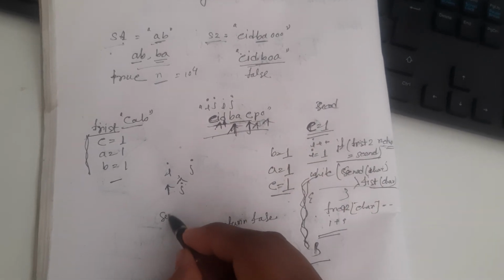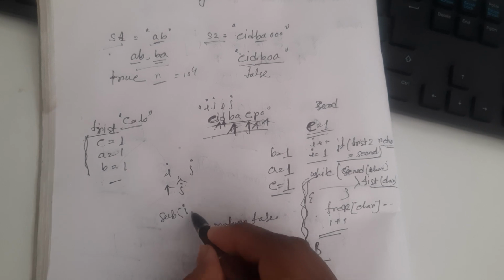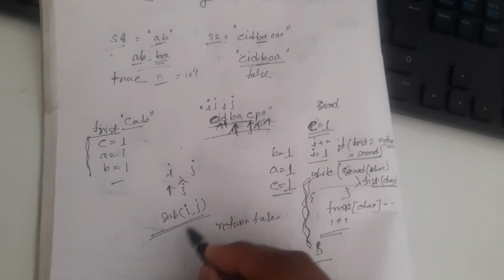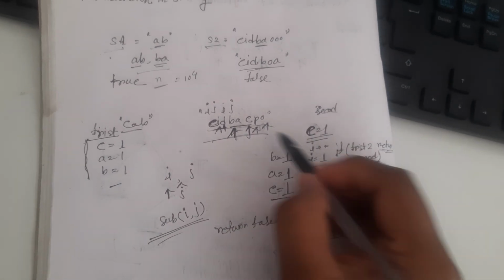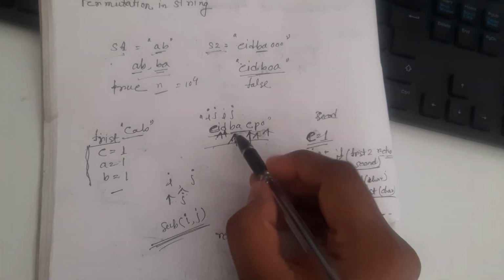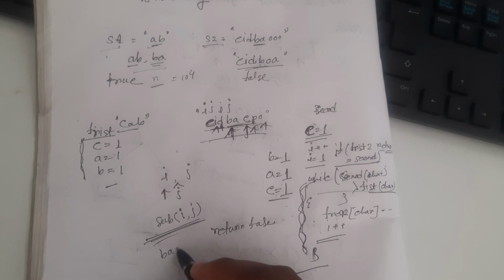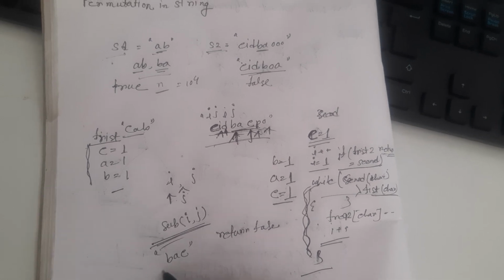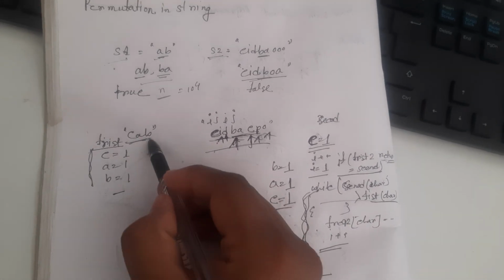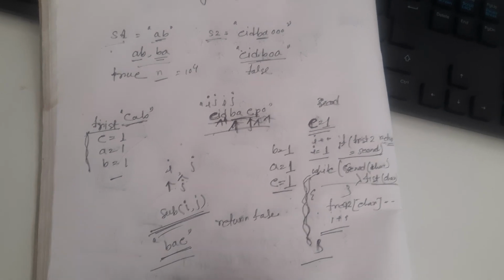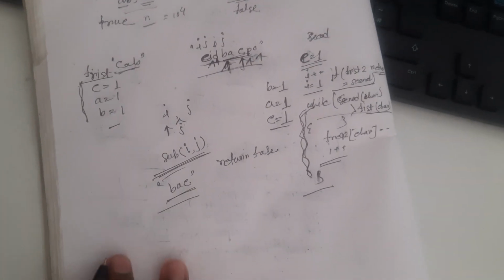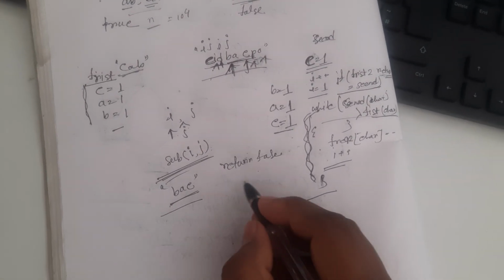The substring from i to j would give you the string BAC, and BAC is a permutation of CAB. That's why it will return the true value.